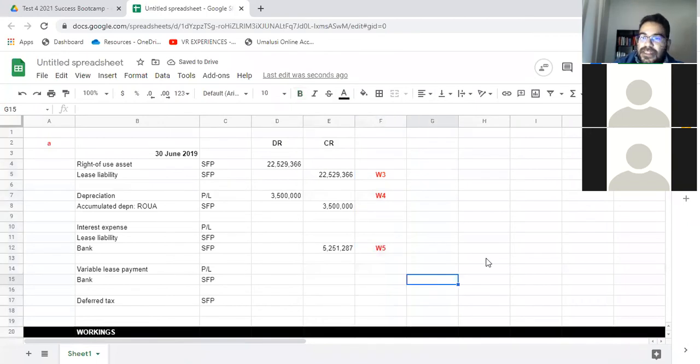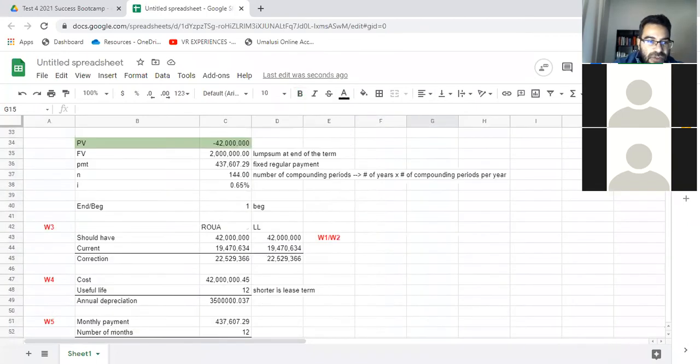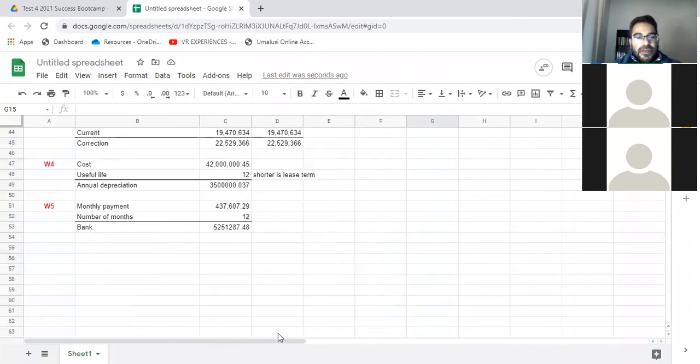Now I must work out the interest expense. Okay, so for the interest expense, remember how we work out interest expense? Remember the formula to work out interest expense is the following.